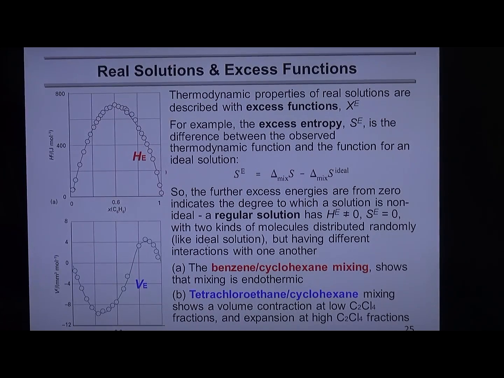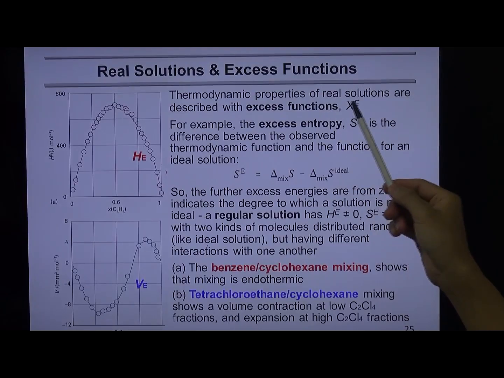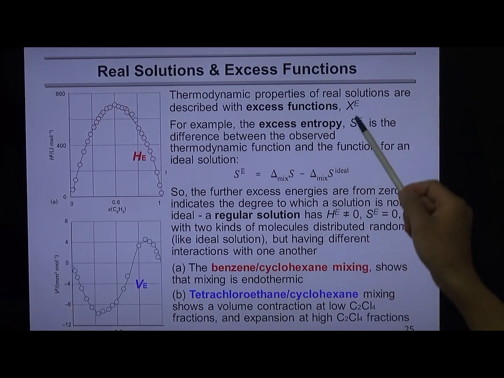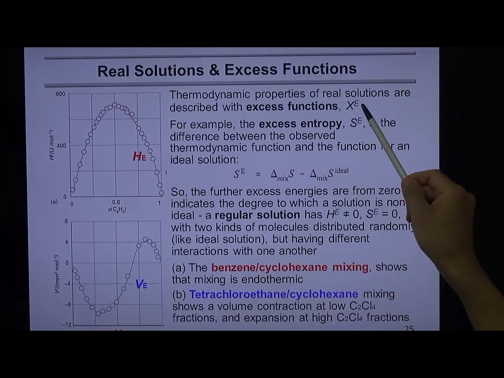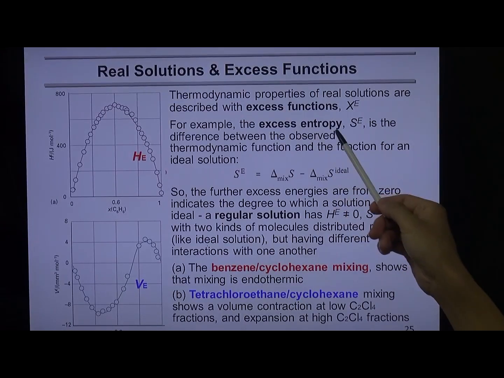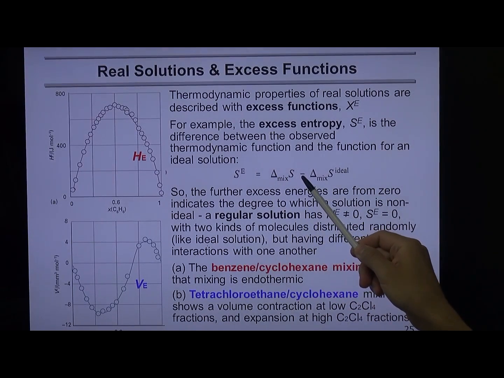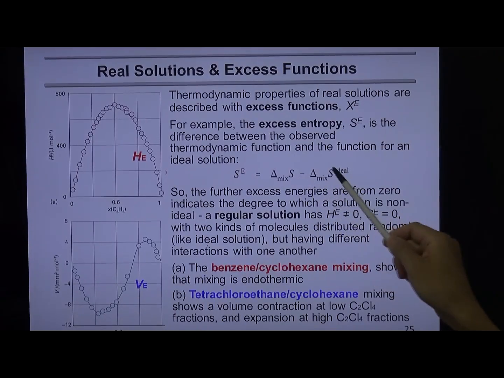Real solutions and excess functions. As we have heard, real solutions are quite different from ideal solutions because they have molecular interactions, especially different molecular interactions between A and B, and B and B. So to describe those differences between real solution and ideal solution, we introduced a new physical variable called excess function, X superscript E. For example, excess entropy, S^E, is defined as the entropy of mixing of real solution minus entropy of mixing for ideal solution.